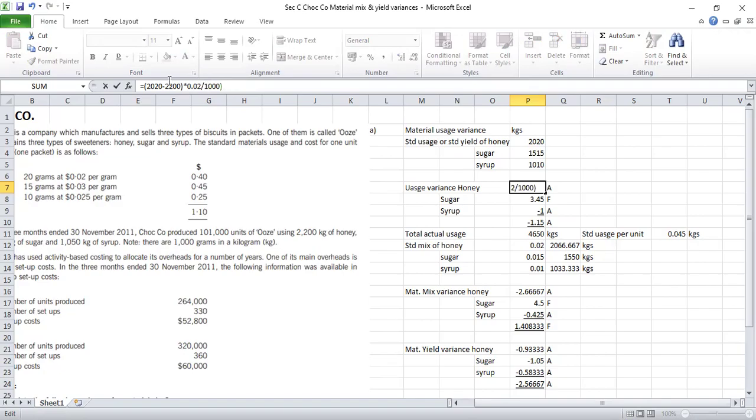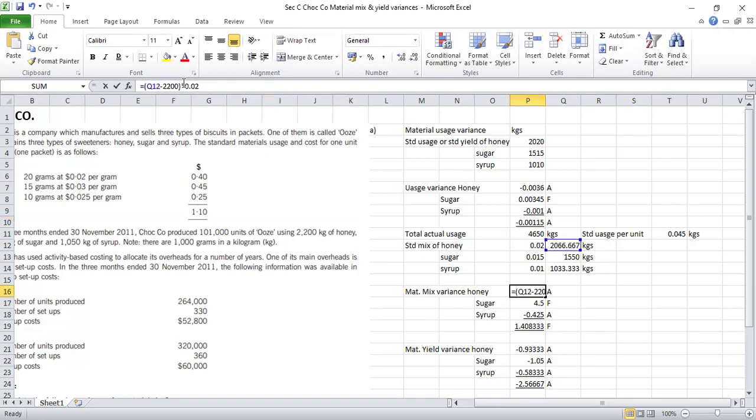So if I use brackets everywhere and convert this price into kgs, then the answer will be in decimals, and these figures are not given in 100,000, so it will not change our total answer. It will just change the decimals because we are matching the values of kgs with the kgs.